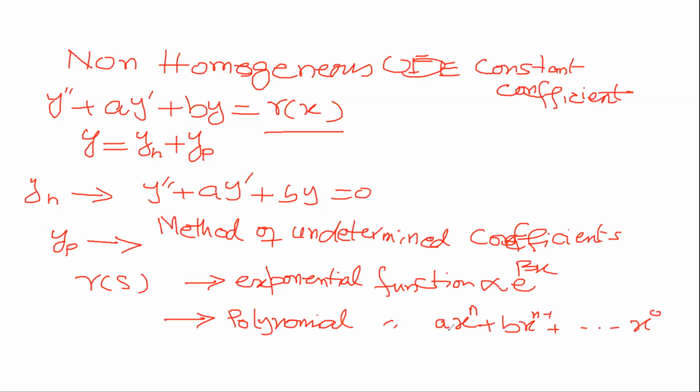If we call these coefficients with some other symbol, this polynomial will be k n x to the n plus k n minus 1 and so on plus k 0. So these are the coefficients for this r of x. That will be the polynomial function.